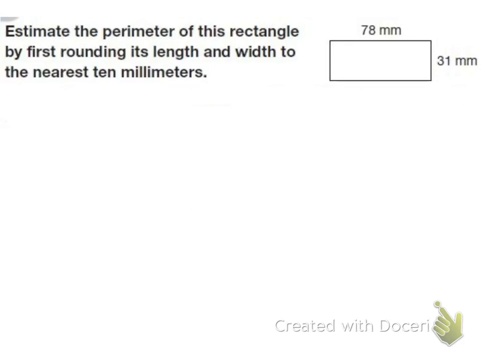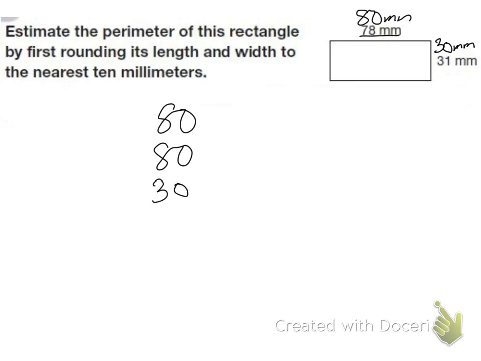This one says estimate the perimeter of the rectangle by first rounding the length and the width to the nearest 10 millimeters. So 78 is going to round to 80 millimeters. And 31 is going to round down to 30. So let's find the perimeter. The perimeter equals 80 plus 80 plus 30 plus 30.